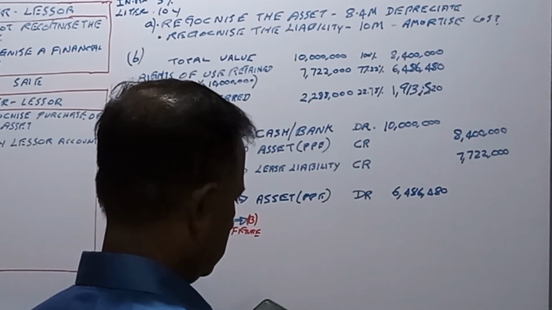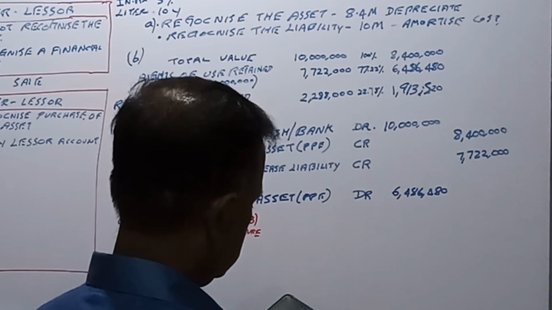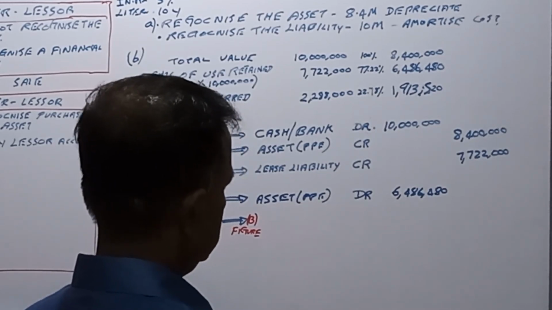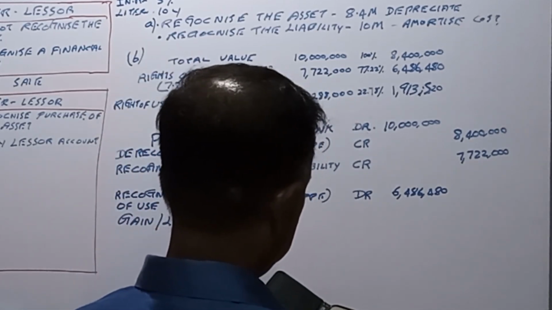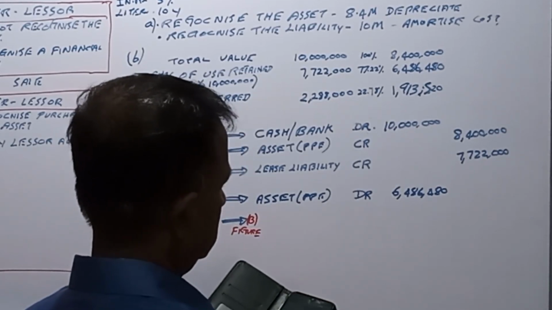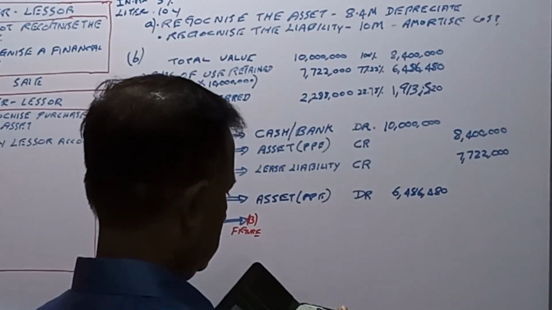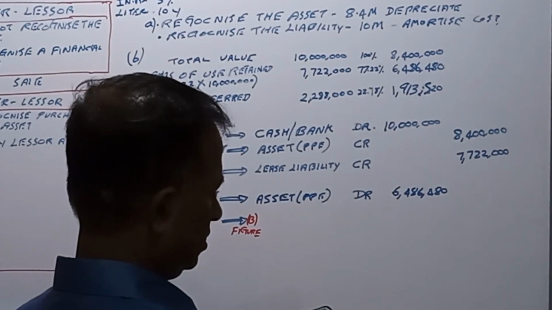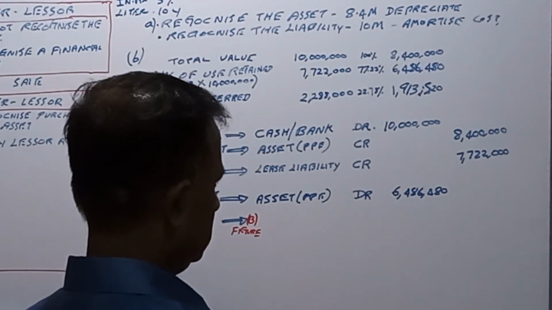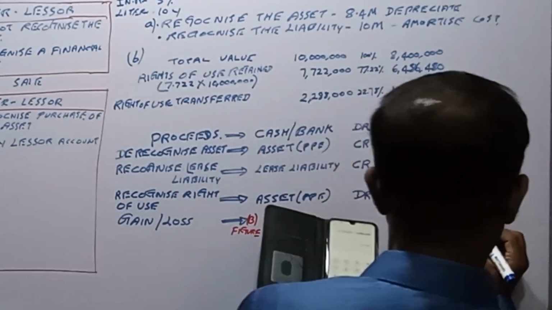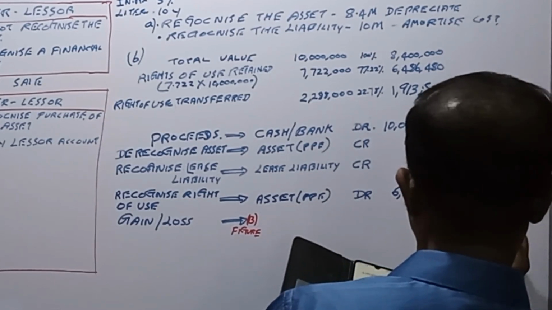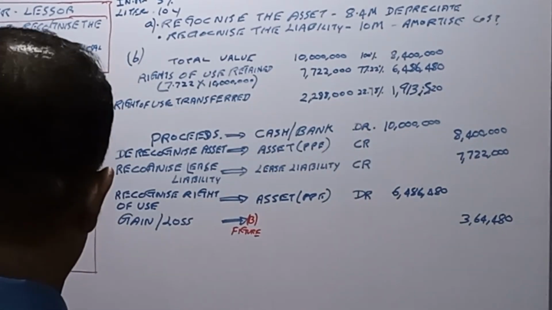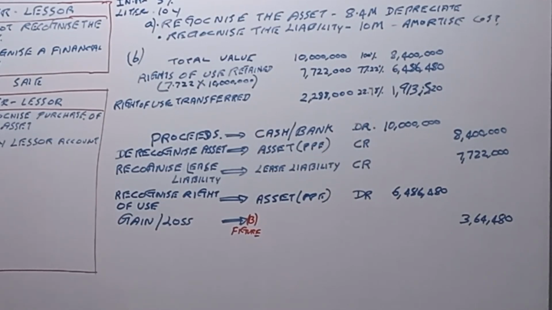8,400,000 plus 7,722,000 is 16,122,000, minus 6,486,480 gives 3,064,480. That is the gain.